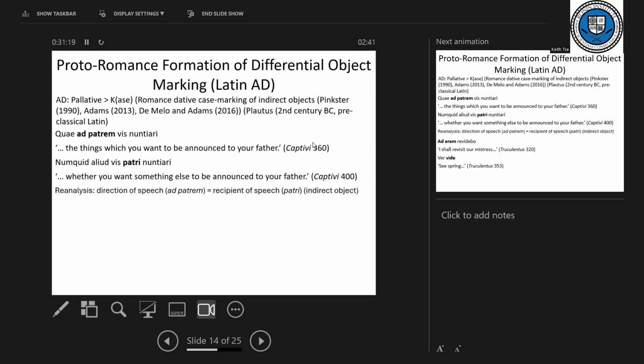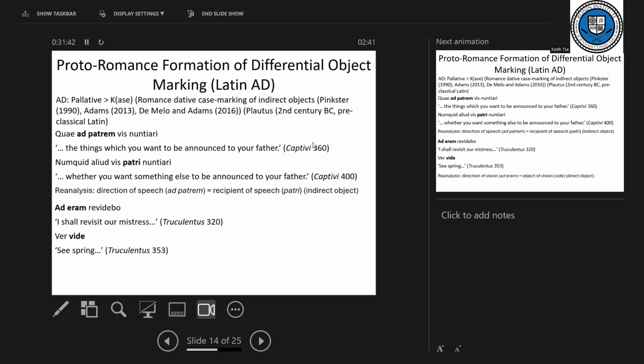Reanalysis: it makes perfect sense that the direction of announcement is also the recipient of the announcement. So ad patrem here is functionally equivalent to patri here. So we can see the reanalysis in process.